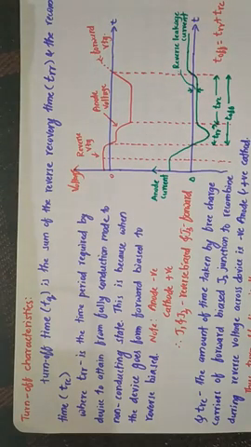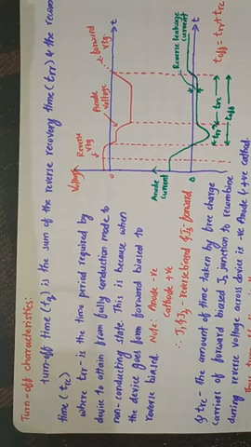Turn off time is the sum of the reverse recovery time and the recombination time. While discussing power diodes, we saw this term, reverse recovery time. What is this reverse recovery time?